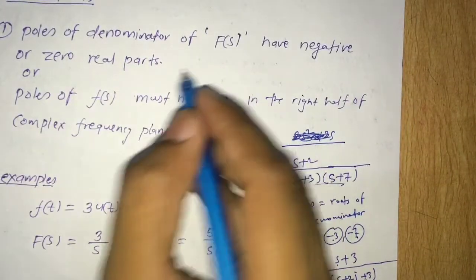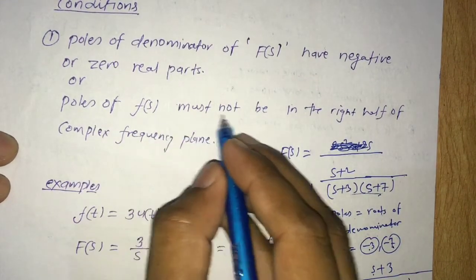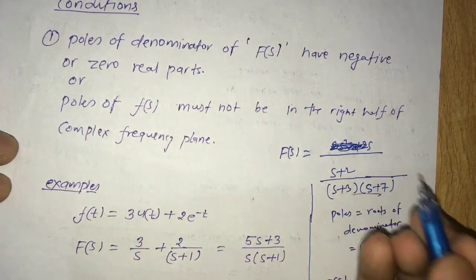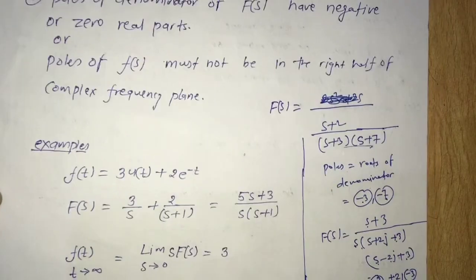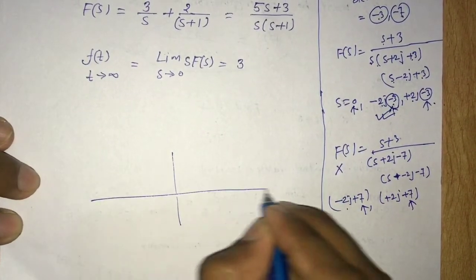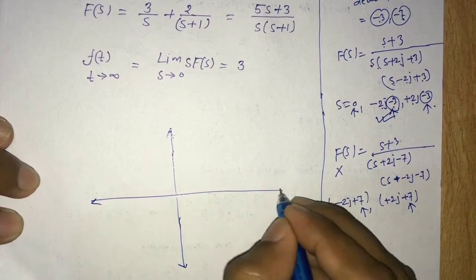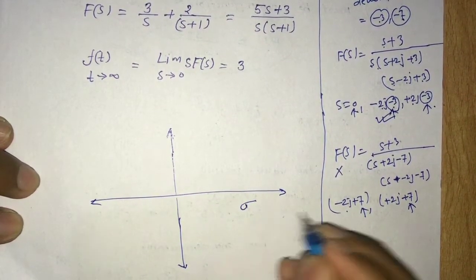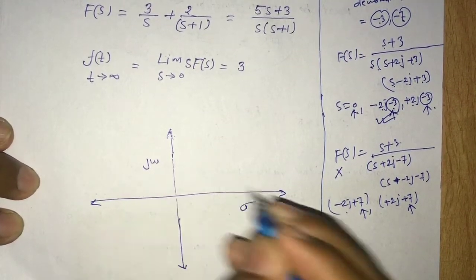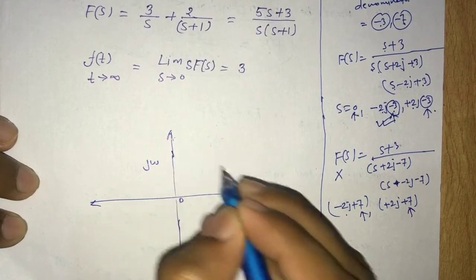This is stated here. The poles of F(s) must not be in the right half of the complex frequency plane. The complex frequency plane is this plane, with sigma as the real axis and j omega as the imaginary axis.